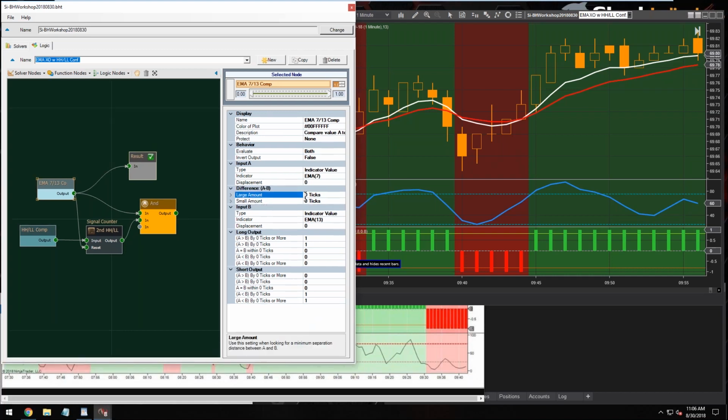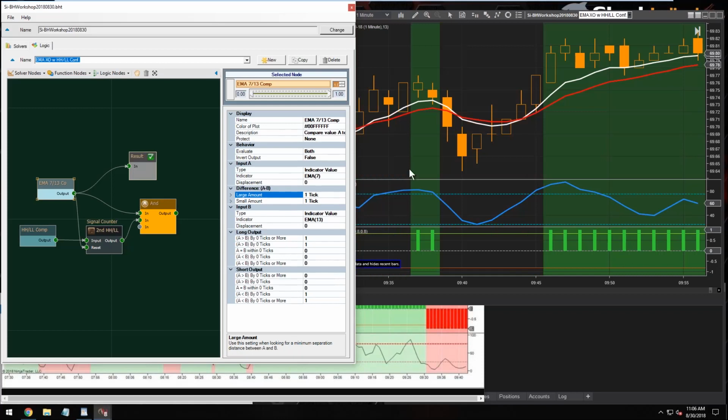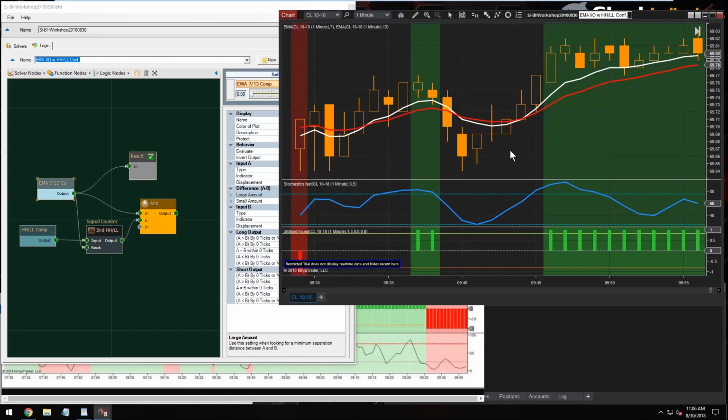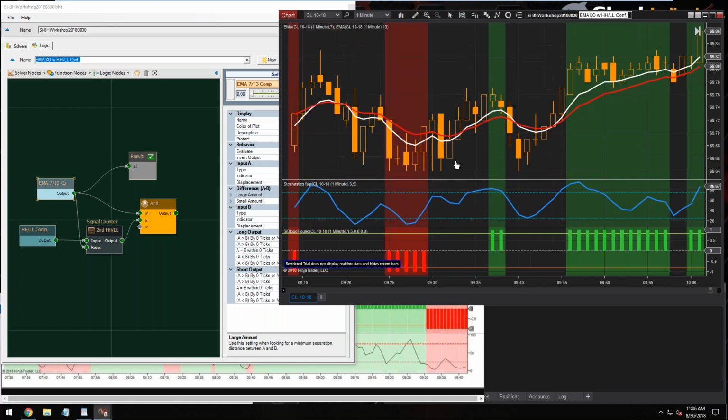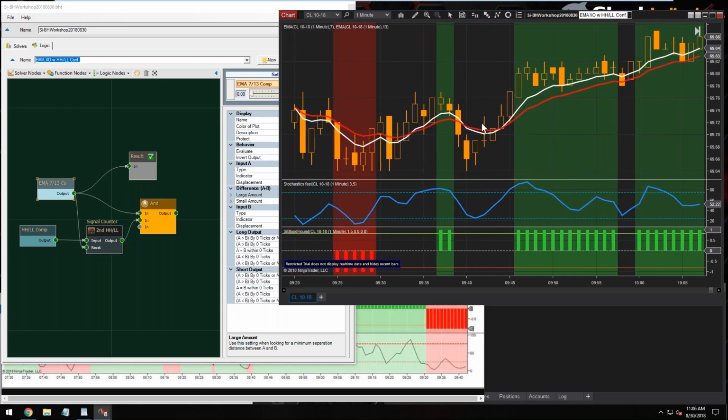But simply put, let's say we wanted a 1-tick separation between the EMAs. We could put in a 1-tick separation, and we can see it makes a huge difference here. So basically, this cross down, the EMAs never generated a 1-tick separation between the two EMA lines there.